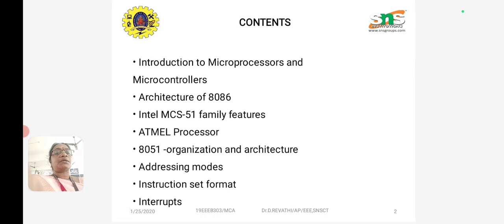First, we are going to discuss the introduction of microprocessor and microcontroller, the architecture of 8086 and the Intel 51 family, and the Atmel processor, and 8051 organization and architecture, addressing modes of 8051, instruction set format of 8051, and interrupt types related to 8051.